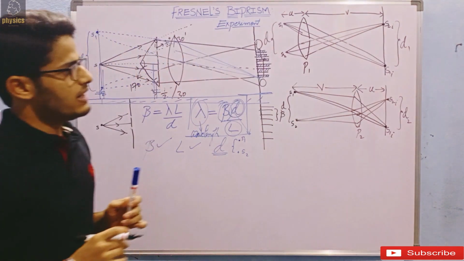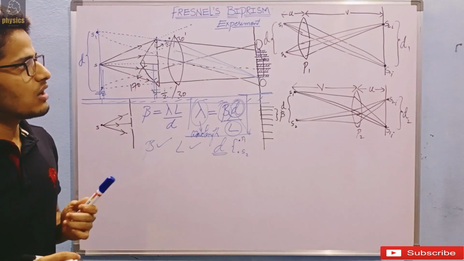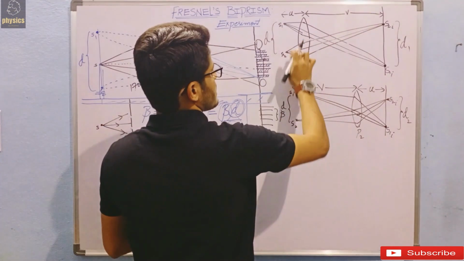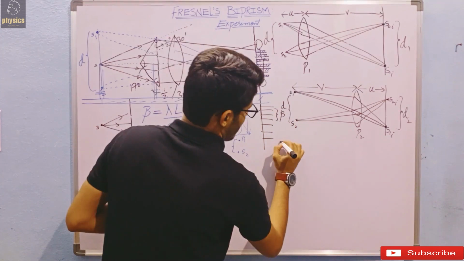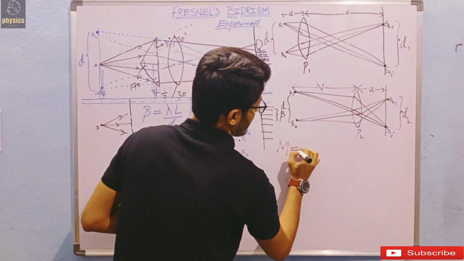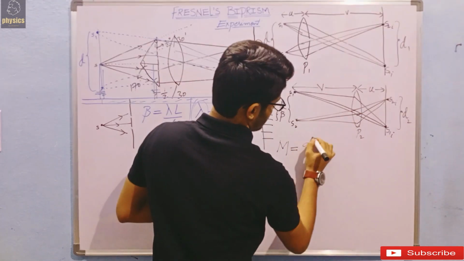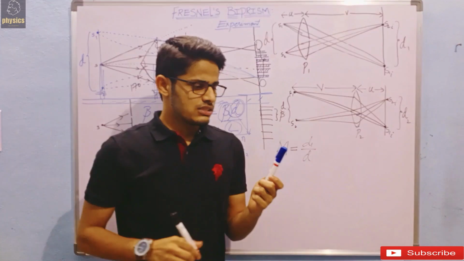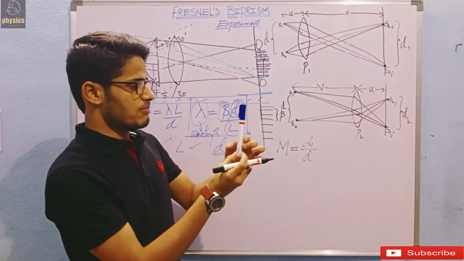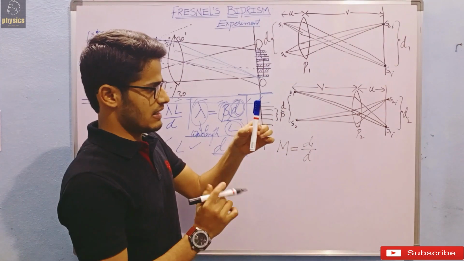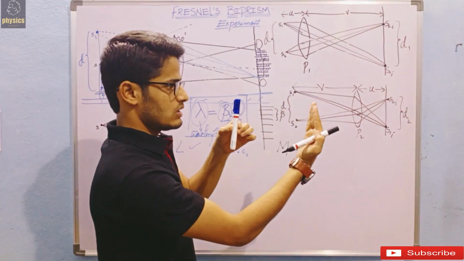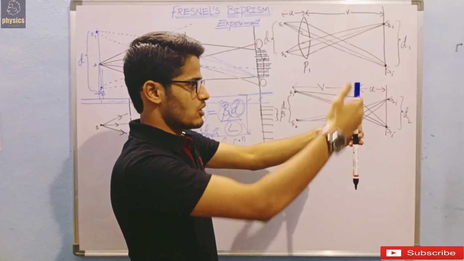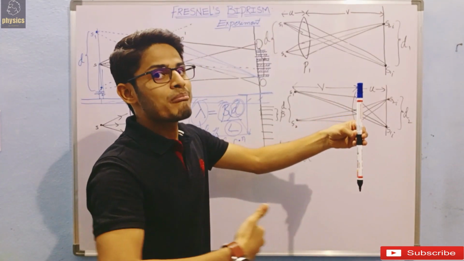So now for finding the D value, we will be using the concept of magnification. In this case at the P1 position, the magnification will be D1 by D. What is magnification? Suppose you have something of a particular length, and after passing through the lens, that thing got bigger, it got magnified.